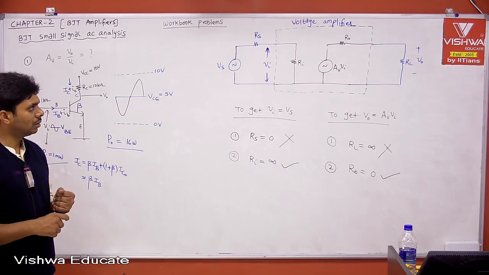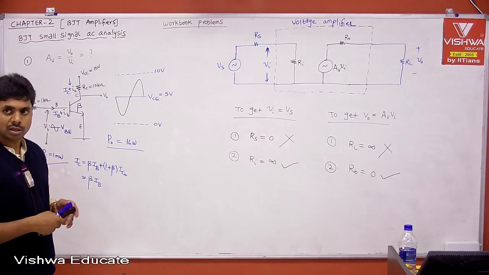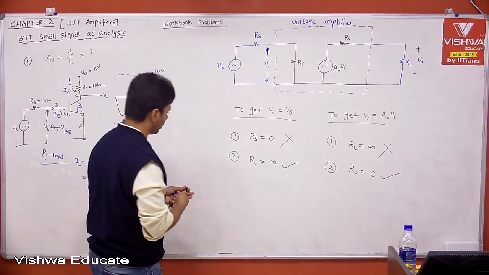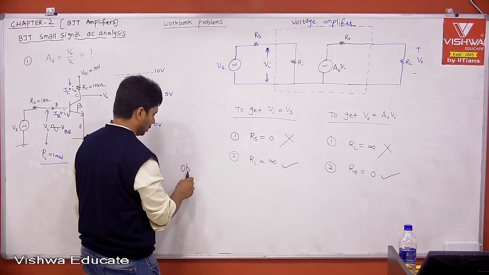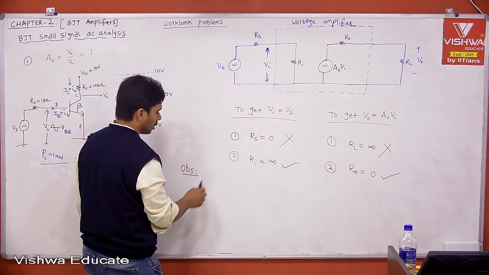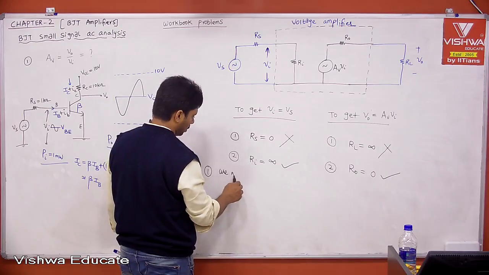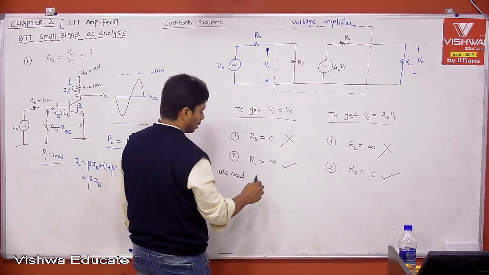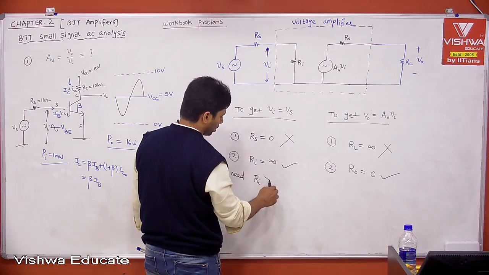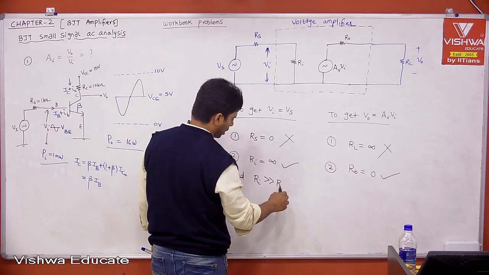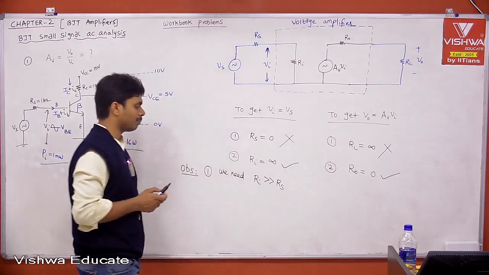Okay, write down observations. The first observation: we need Ri, the input impedance, very much greater than Rs.